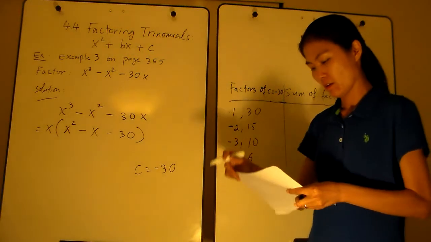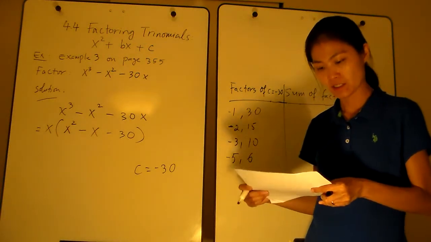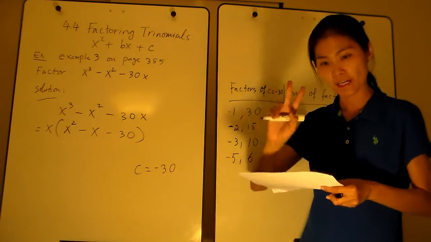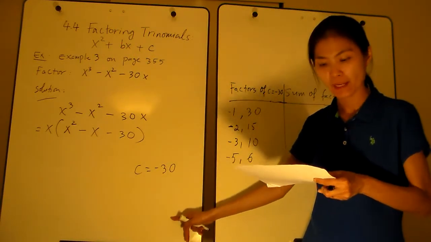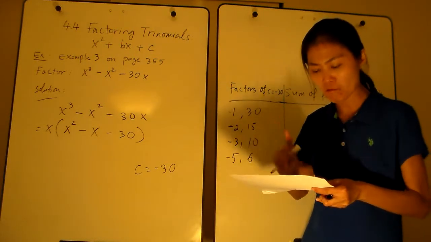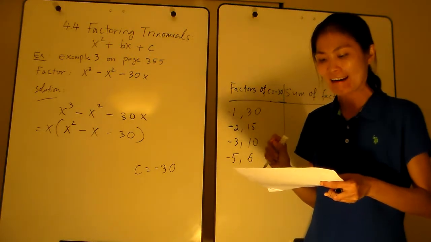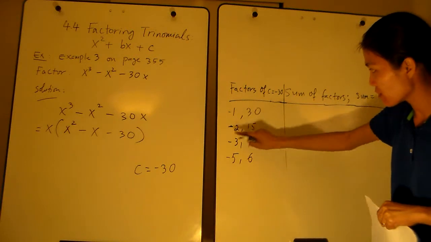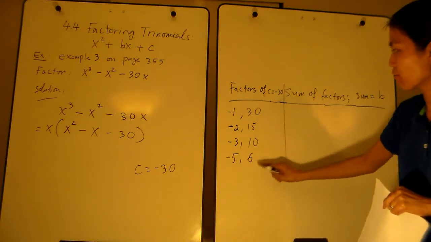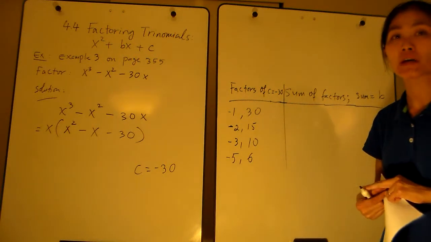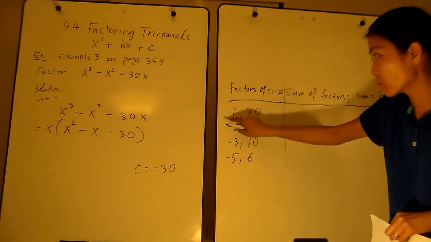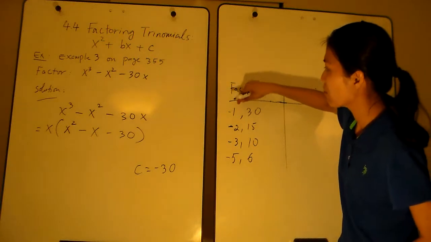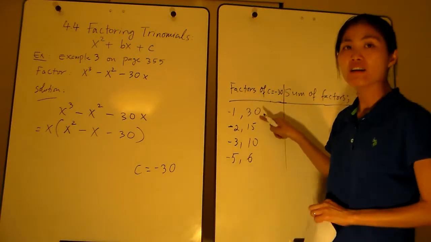Now, if you look at the book or my notes, the second bullet in number 2 says that if c is negative, then one factor is positive and the other factor is negative. So for all these factors, 1 and 30, 2 and 15, 3 and 10, 5 and 6, one of them will be negative. I just put negative 1 here, but it could turn out 1 is positive and 30 is negative.